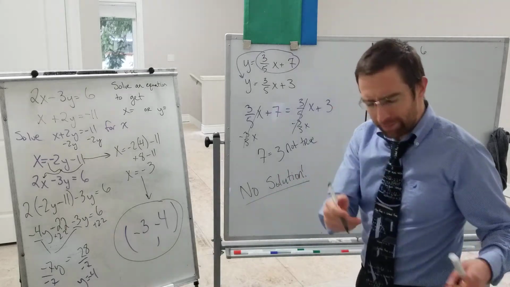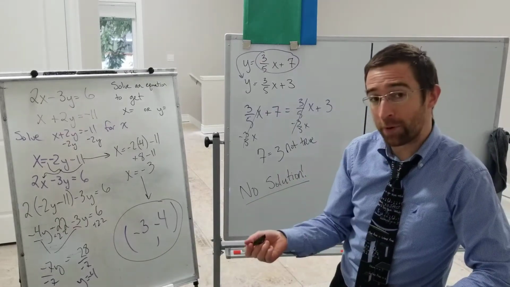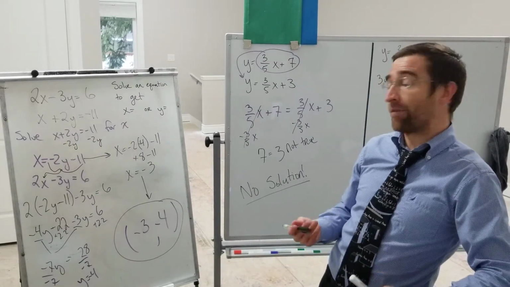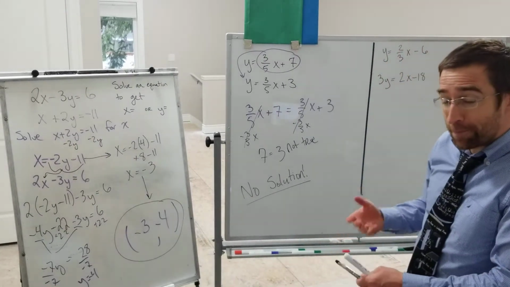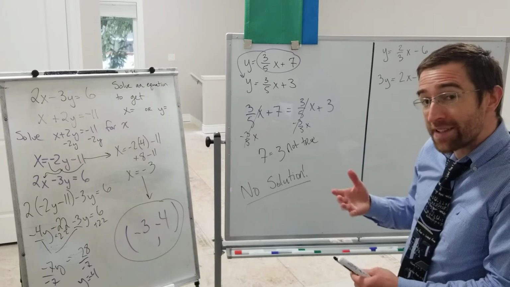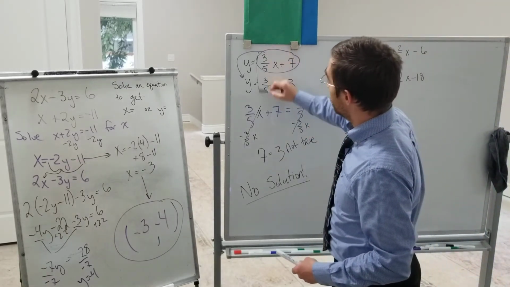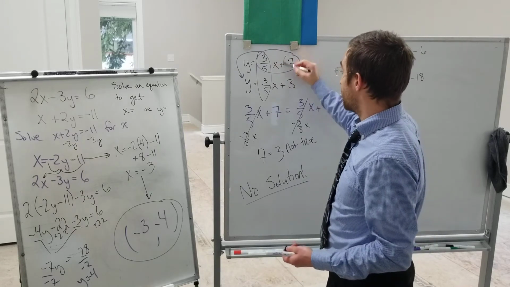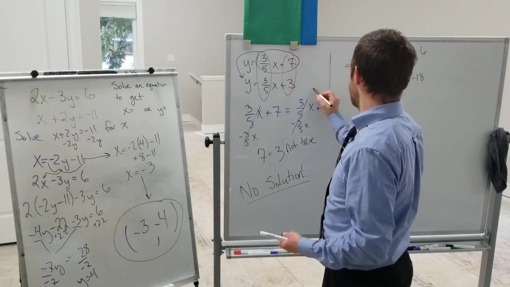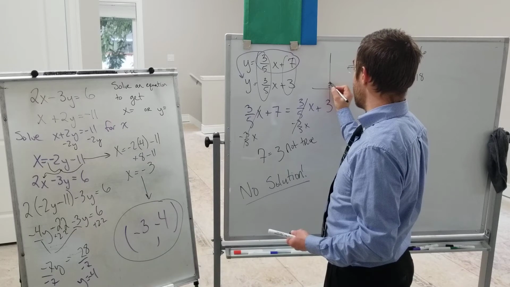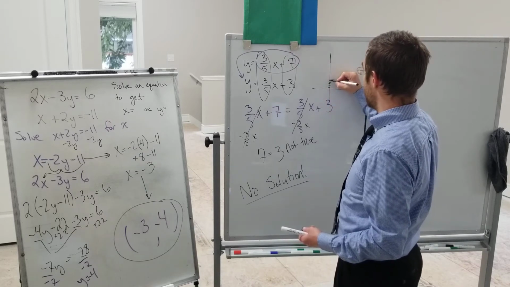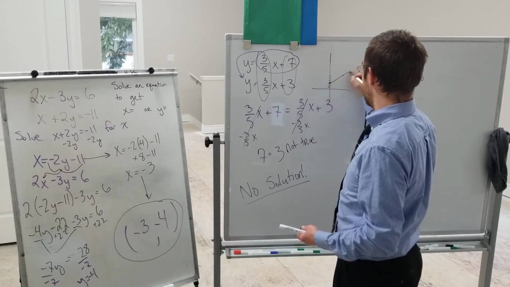And remember, from section 5.1, when we're talking about solving by graphing, right? We're trying to find where these two lines intersect, where they cross. But if we look at these two lines, they have the same slope and different y-intercepts. So one of them starts at 3 and goes up 3, right 5.